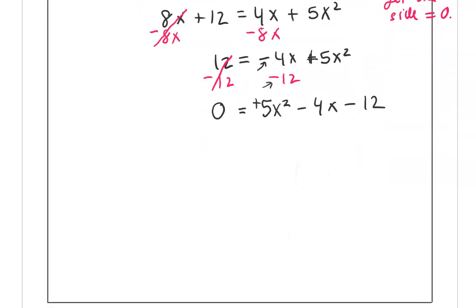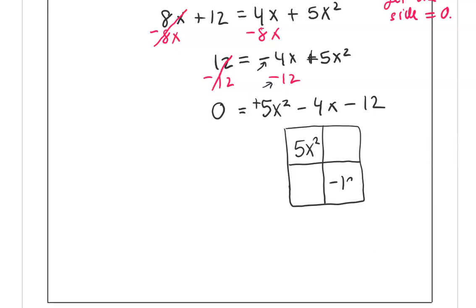So this again is set up so that I can either factor and set each factor to 0 or use the quadratic formula. I am going to try and factor this one because to me that's easier than the quadratic formula if it works. So I'm going to set up my little box and see if I can make this work. So for 5x squared, I can only use 5x and x.